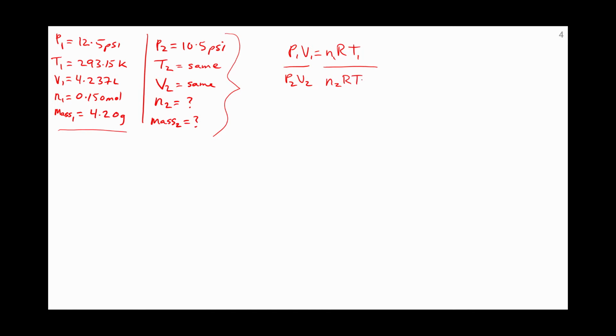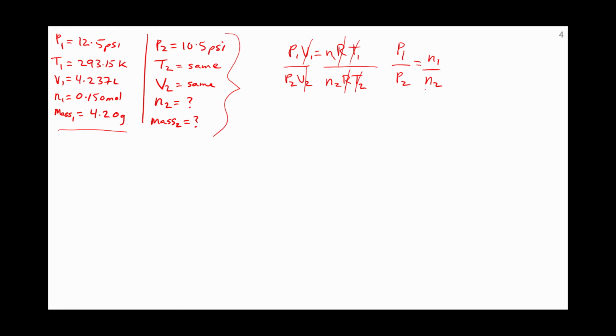R is always the same, naturally. And then think to yourself, cancel out the things that are the same. So R is the same. Temperature is the same. The interior volume of the football is the same. What comes out of this is a much simpler formula.